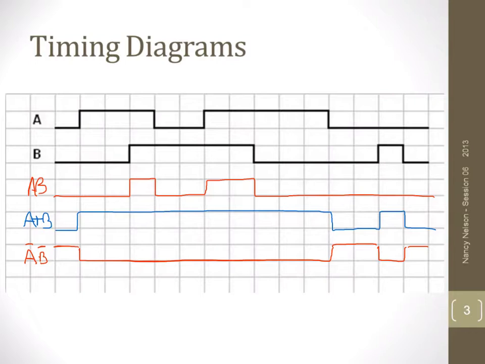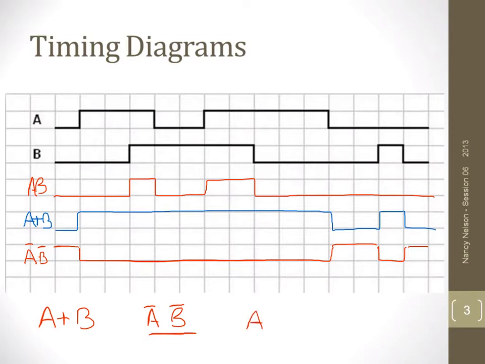Now if you look carefully at these last two waveforms, you can see that they're the opposite of each other. So we have A or B as the first one, and the other one is A naught, B naught. Now if you think about that and apply De Morgan to it, let's De Morgan this side.